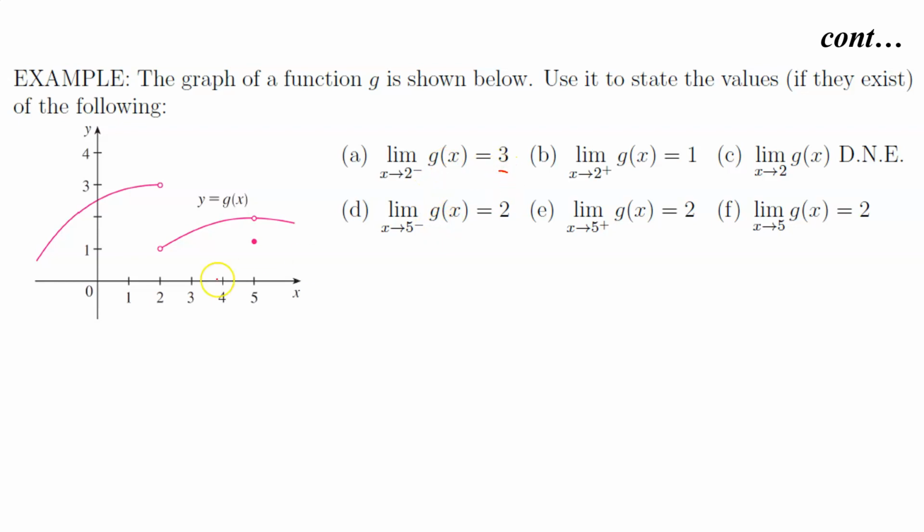Okay. And how about this one? The limit of g(x) when x approaches 2 from the right. Okay, so similar. This is 2, but you're going to see it from the right. Tengok mana curve yang datang dari sebelah kanan. So this one. Datang dari sebelah kanan and they stop dekat 1. So the answer equals 1.